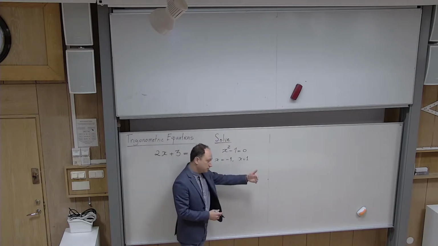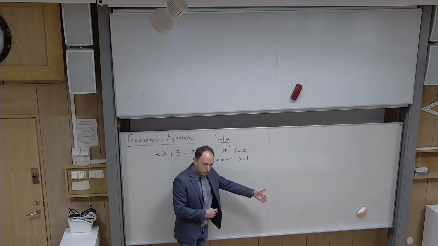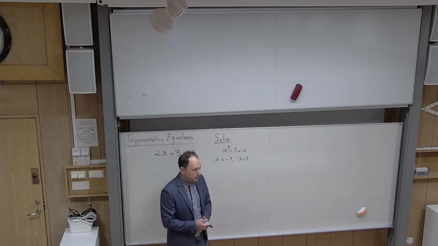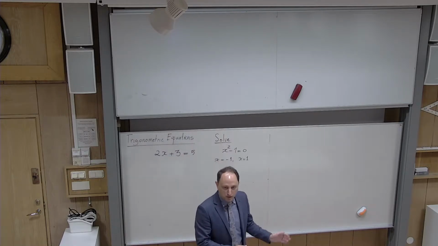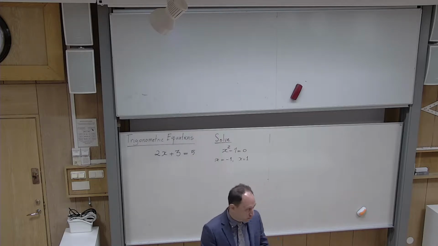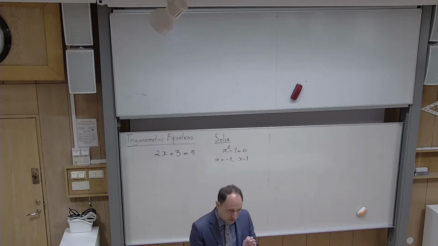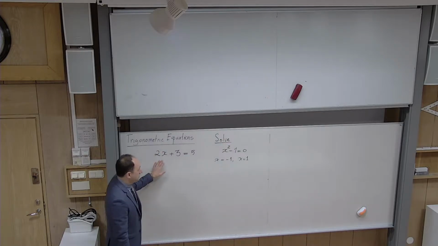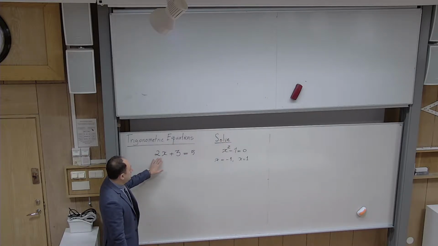Because by that theorem, I cannot have more than 2, and I managed to find both of them. So it means that I solved the problem, because this guarantees that minus 1 and 1 are all possible solutions. That's extremely important for you to understand. When I ask you to solve, you should give me all possible answers.